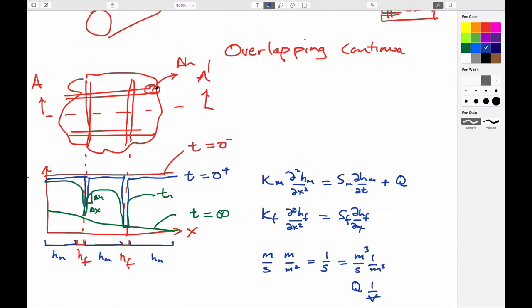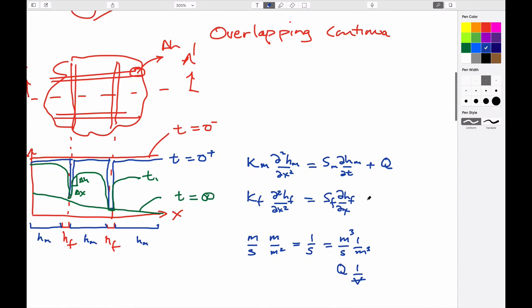And so quite simply, we could write it as plus Q and minus Q, where this is basically a transfer term. And so we have to think how we could represent that.